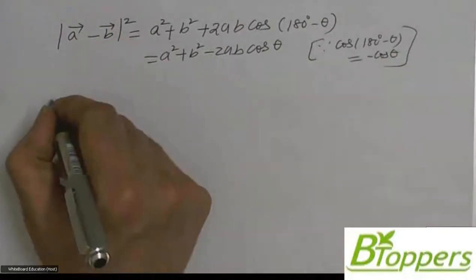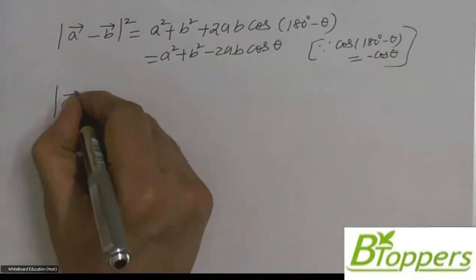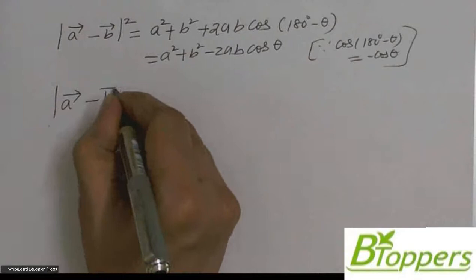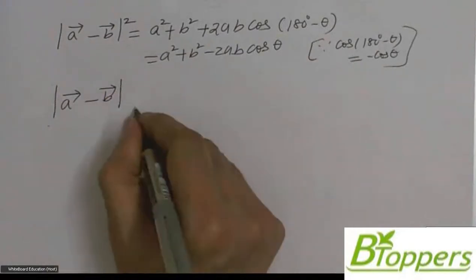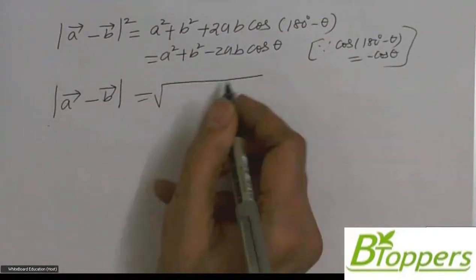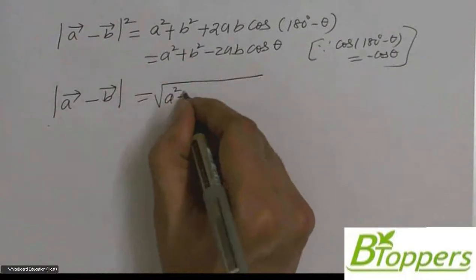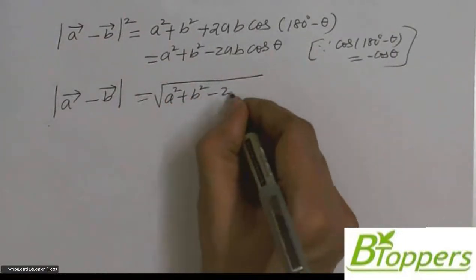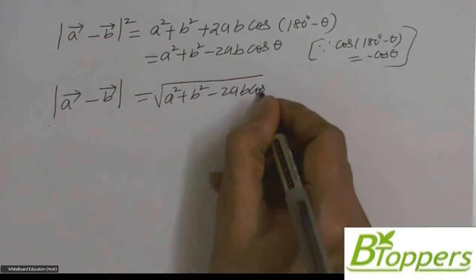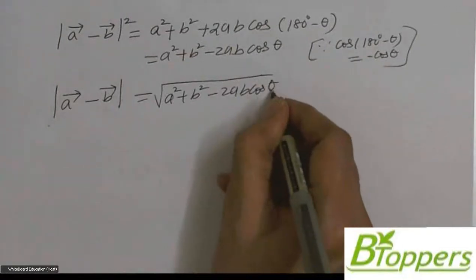Therefore, in general, the magnitude of the vector difference of two vectors a bar and b bar is given by the square root of a square plus b square minus 2ab cos theta.